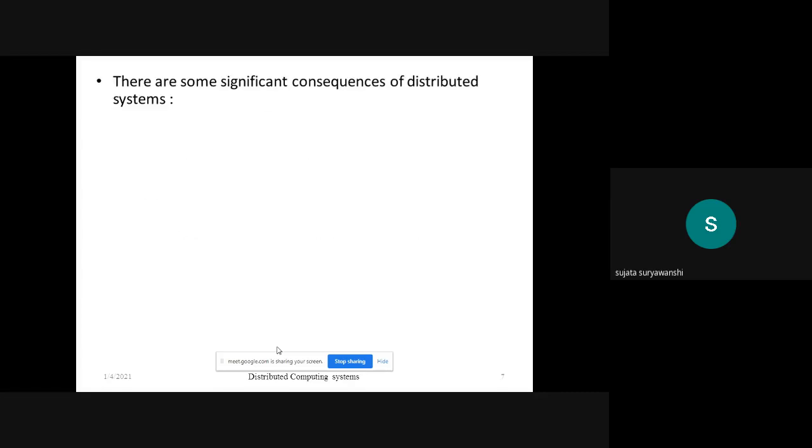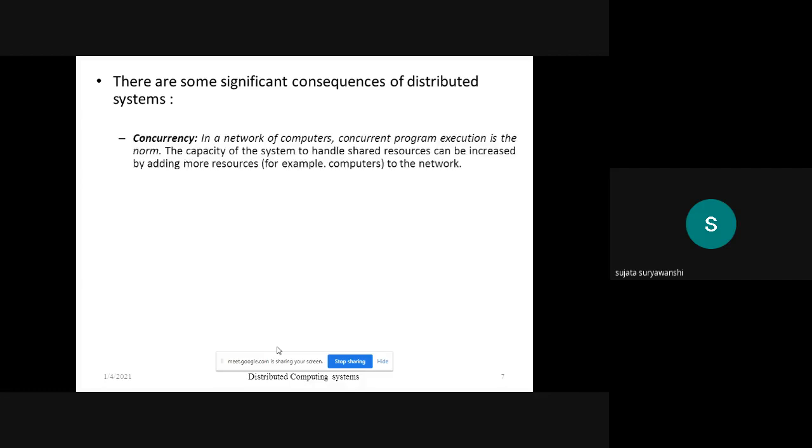Now, next, there are some significant consequences of distributed systems. First one is concurrency. What do you mean by concurrency? In network computers, a number of programs are executing simultaneously. This is the basic norm of the distributed system. What is the purpose of a distributed system? A number of tasks can be performed simultaneously by your system.